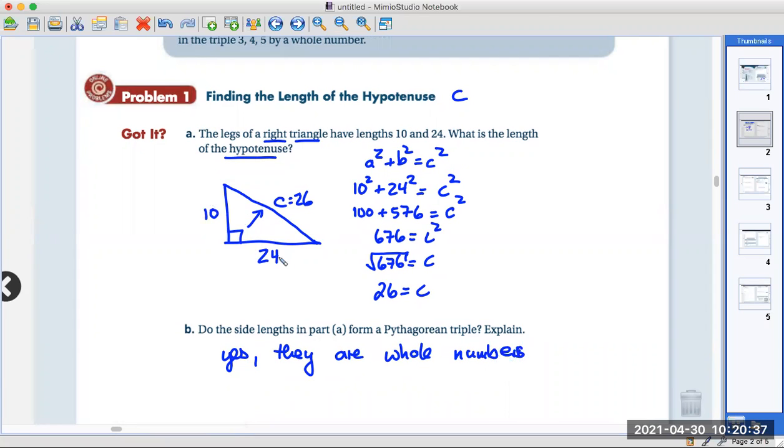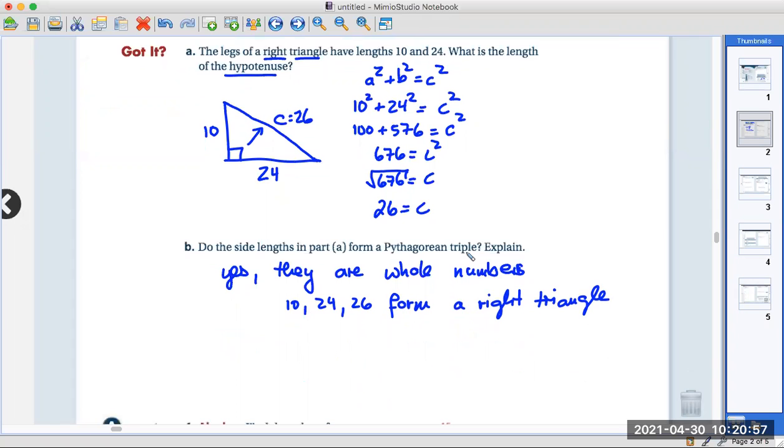So 10, 24, and 26 form a right triangle. Now this part right here should look familiar to you, and I hope it is.